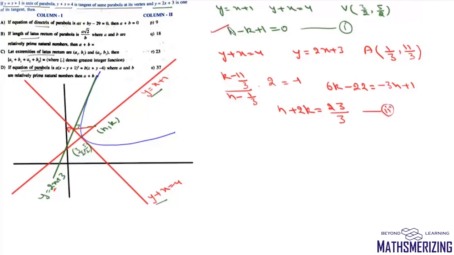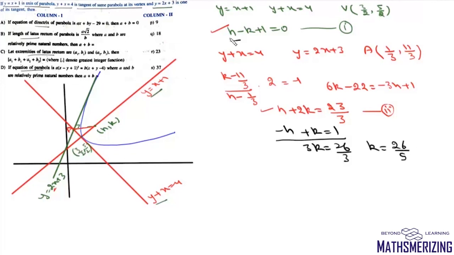Now we have two equations, so if we solve them, we'll get the values of h and k. We'll write the first equation as minus h plus k equals 1. We'll add them and get 3k equals 26 by 3, so the value of k is 26 by 9.